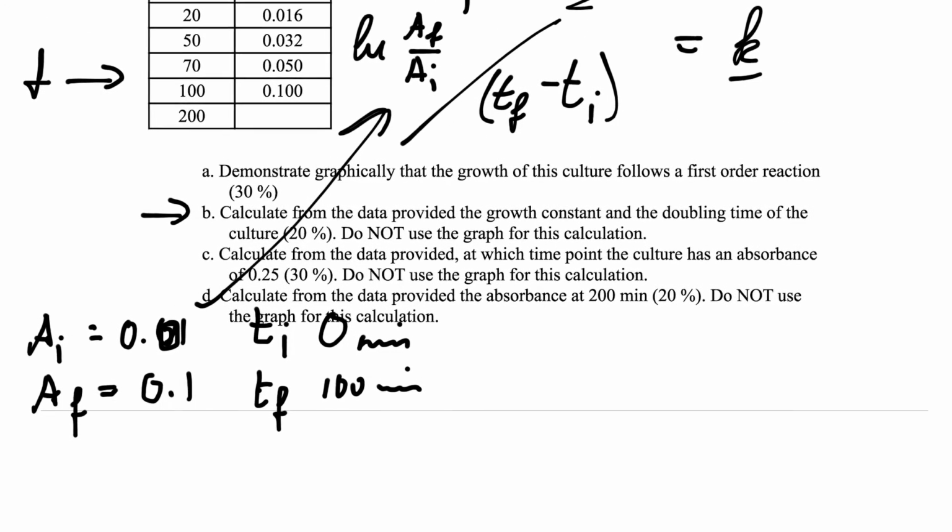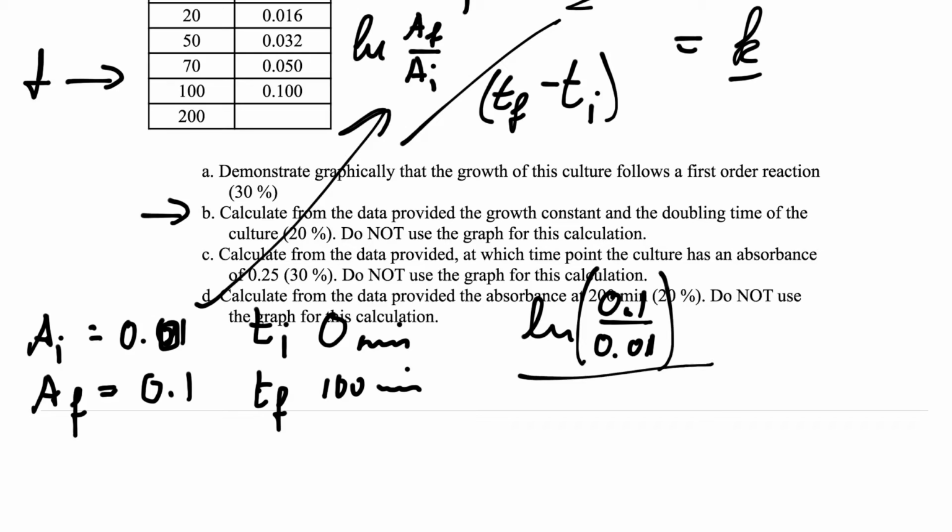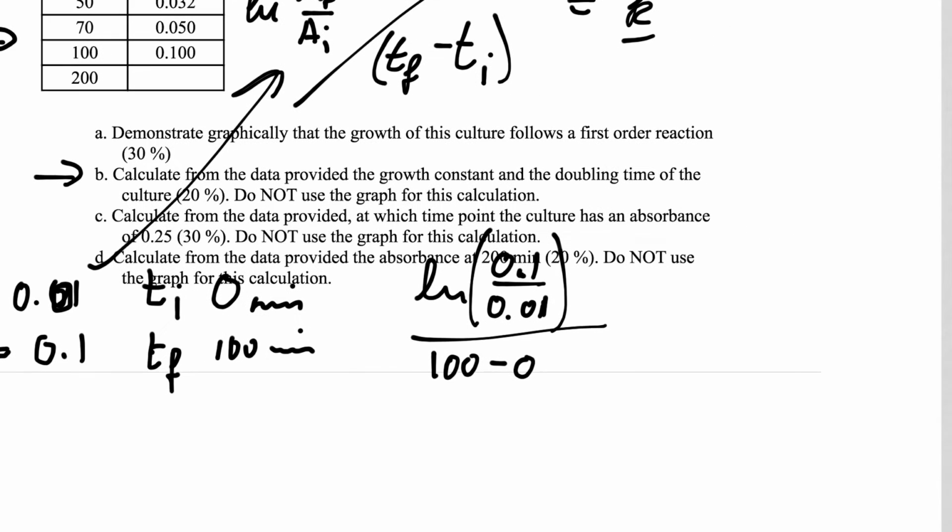So I can say ln A final, that is 0.1 divided by 0.01, divided by T final, that's 100 minus 0. This gives me K. I probably should say minutes here. Okay? Happy with that? With this transformation?